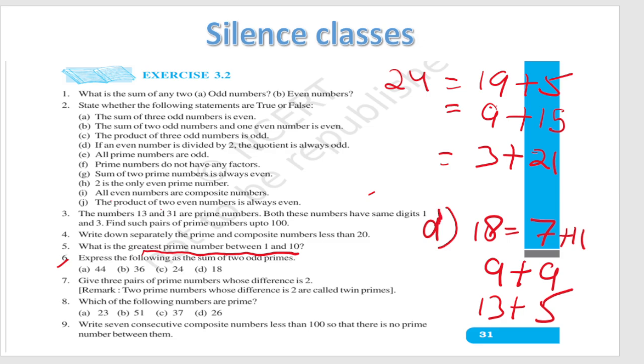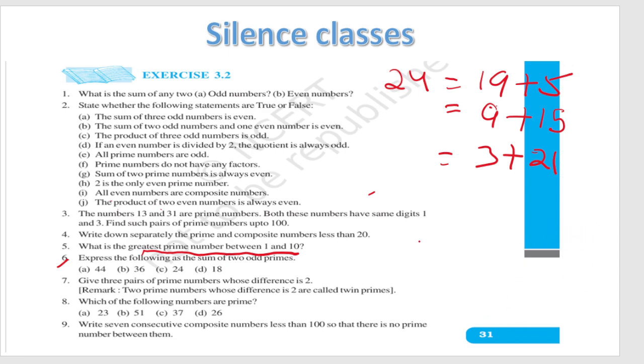I've already told you in the previous questions that if we add any odd numbers, we will get an even number. So the best way to do this is, like the number 44 is given, take any odd number.